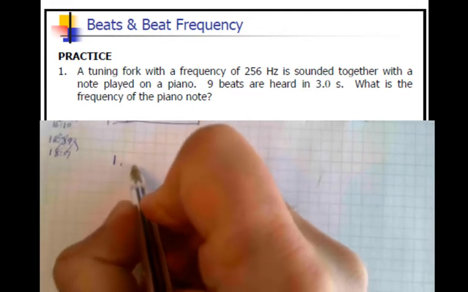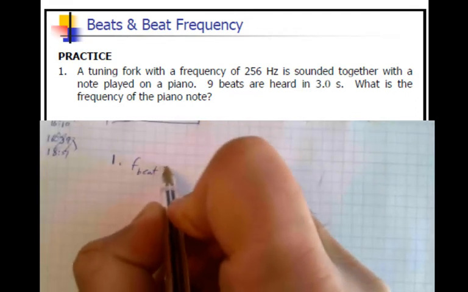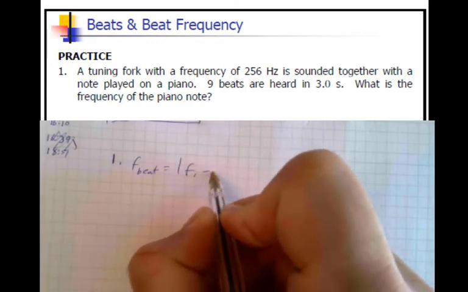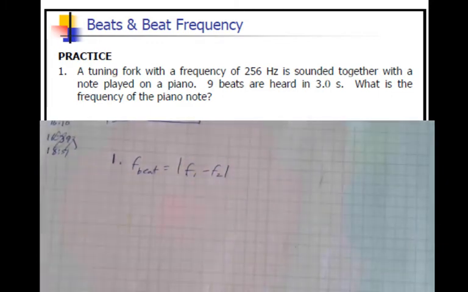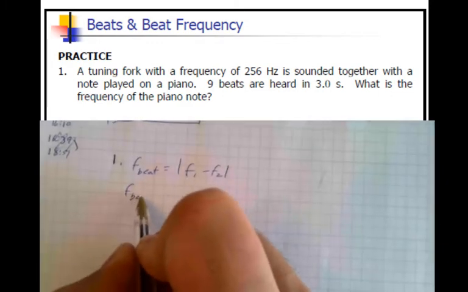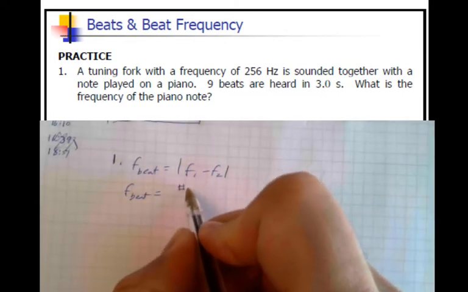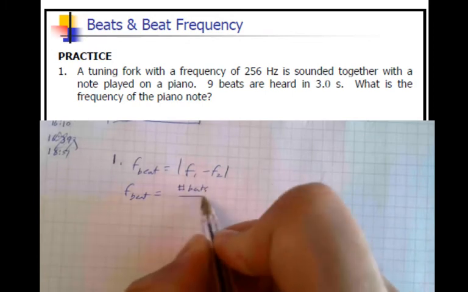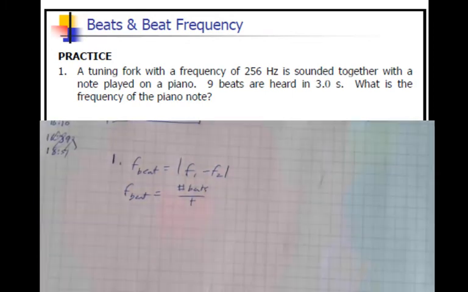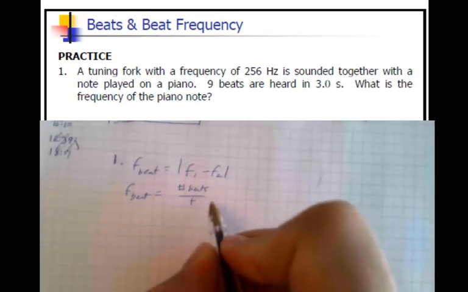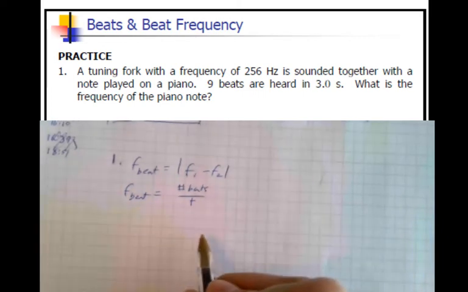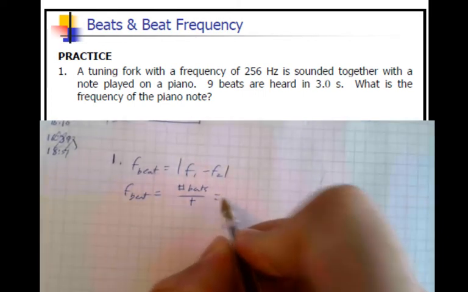So our F beat is equal to the absolute value of F1 minus F2. And our F beat, in this case, is equal to the number of beats per unit time. So let's substitute that and see what we get.